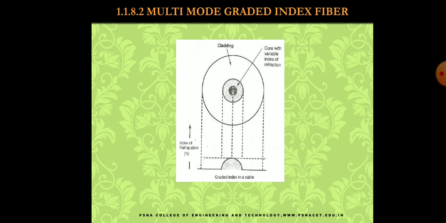The index of refraction increases as one goes near the center while decreasing near the outer core edges. The index of refraction is maximum at the center of the core. The index of refraction is constant for the cladding part of the fiber. Based on the above, there are three types of fiber optic cable classified broadly.